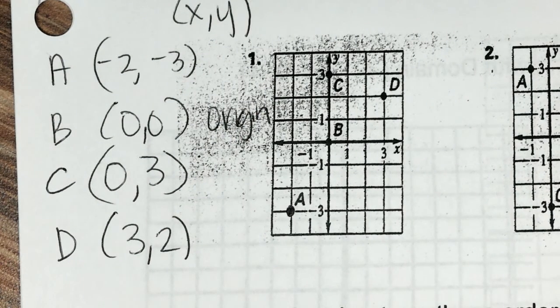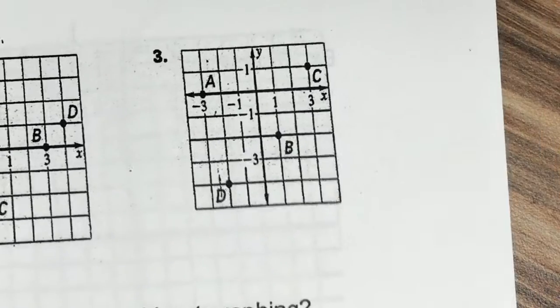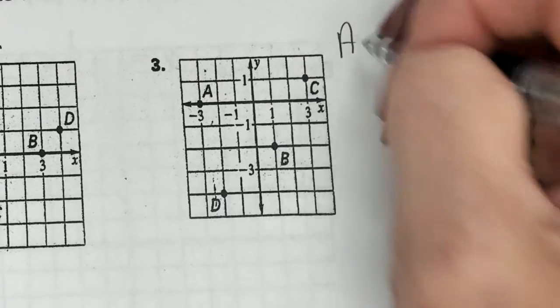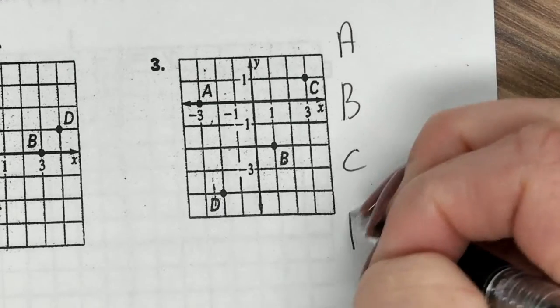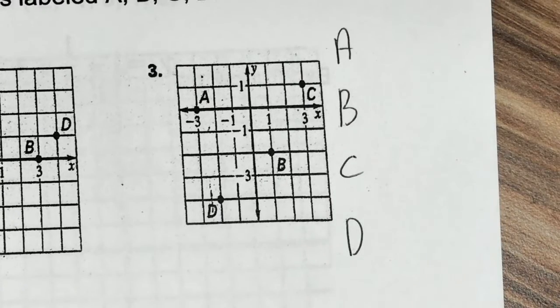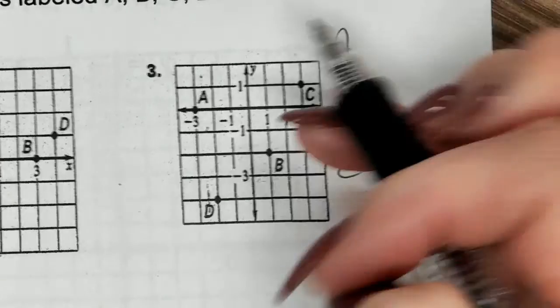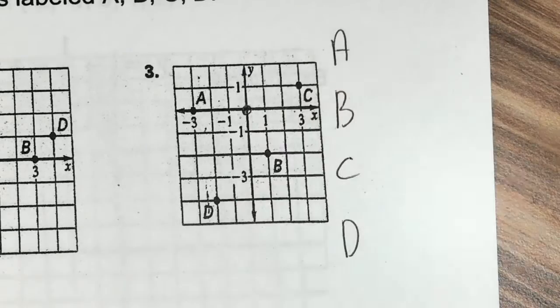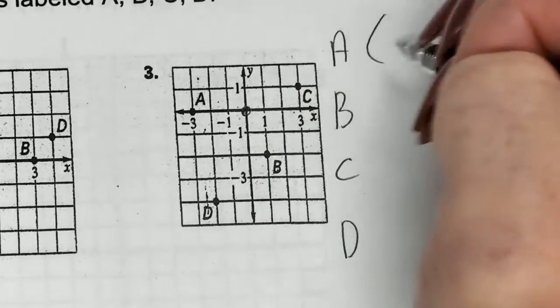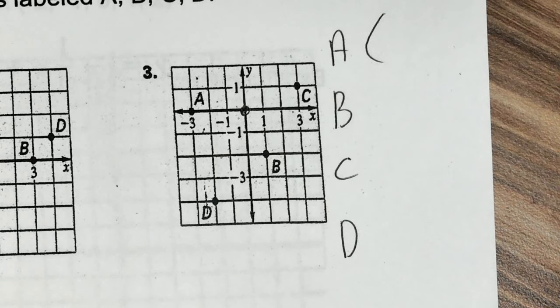All right, let's skip number 2 and go to number 3. And let's go point A, point B, point C, point D. Always find the origin before you start making your coordinates, because you can see that this is kind of zoomed in funny, yes? This is the origin right here. Does everybody agree? All right, so what point is A at?